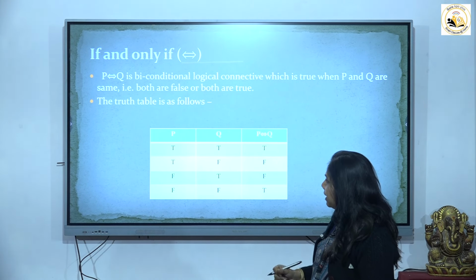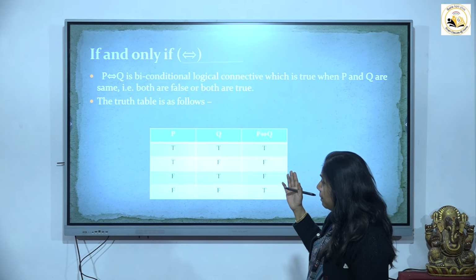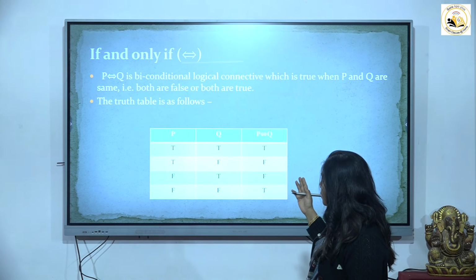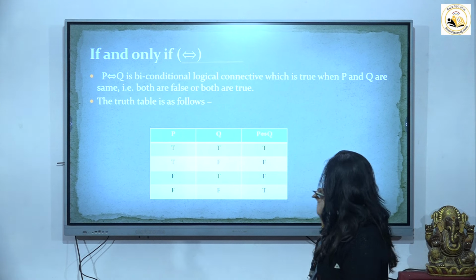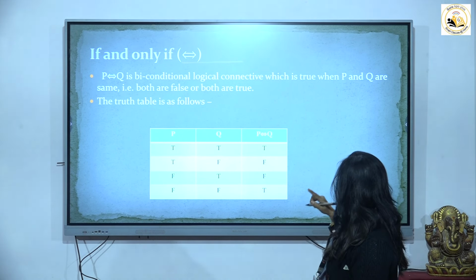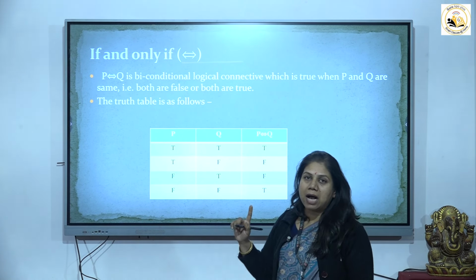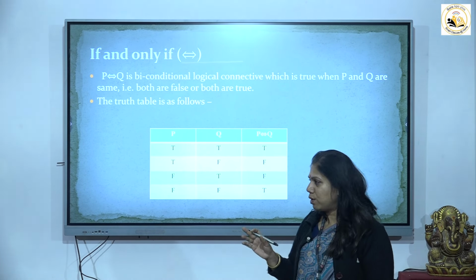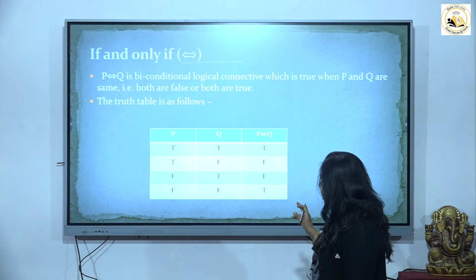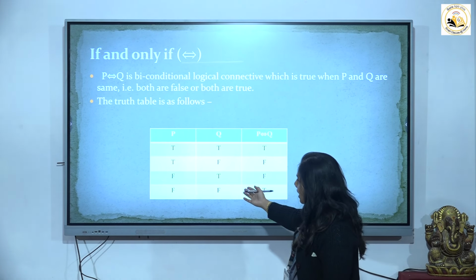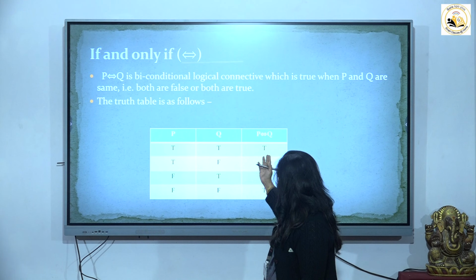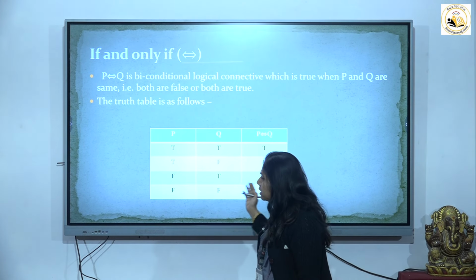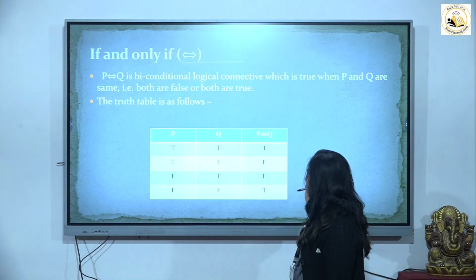As I have written here, P if and only if Q is a biconditional logical connective which is true when P and Q both are the same. Either they both are true or they both are false. Alright. So, its truth table is here with you. Both are true, true. One of them is false, false. Both are false, then gives the result true.